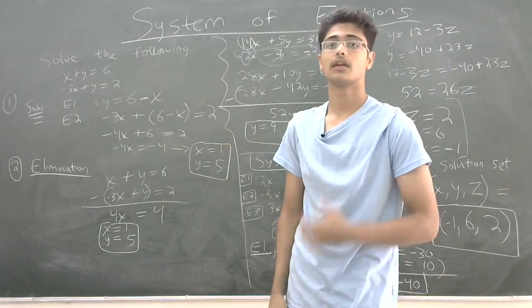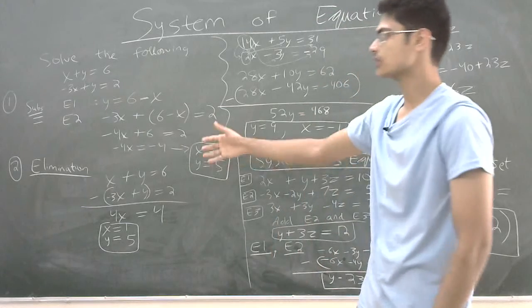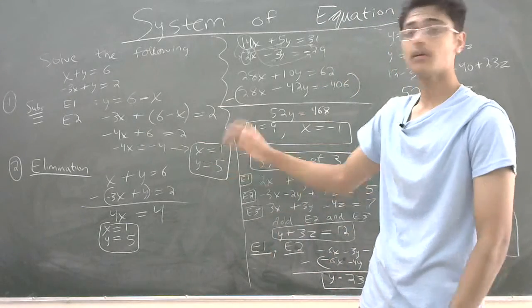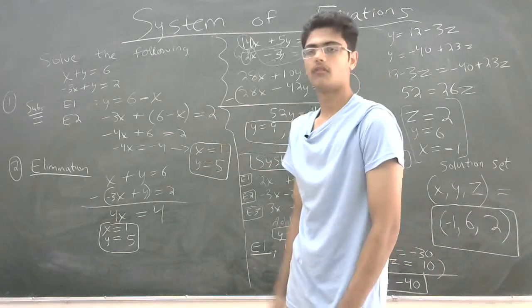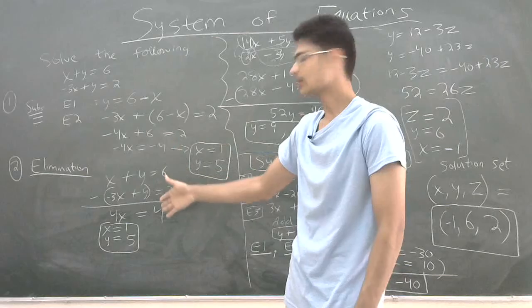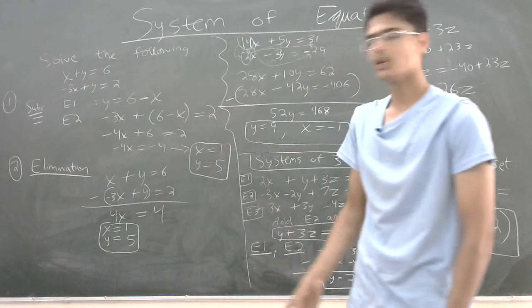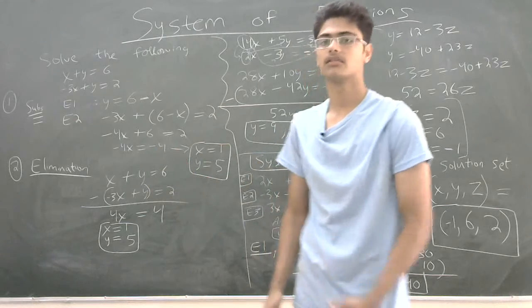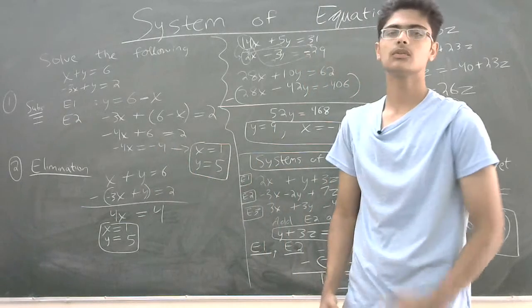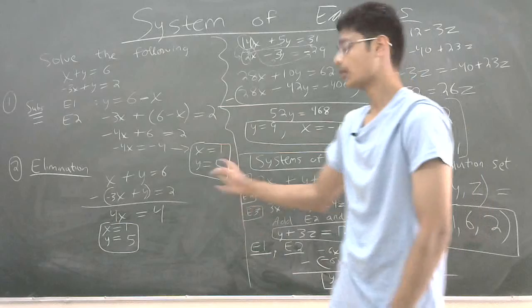The second method is known as elimination. And so I will show you here that using a different method, you can arrive at the same answer using this method of elimination. So if you have the same equations, what you can do is think about this, like you have y in common in both of these equations. So really you can subtract the y from the equation.